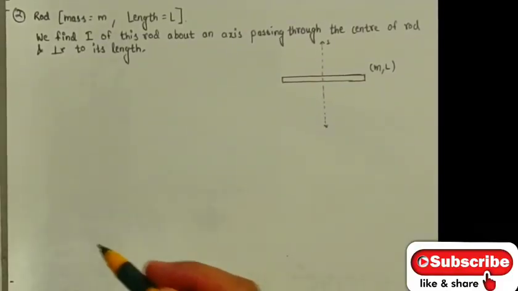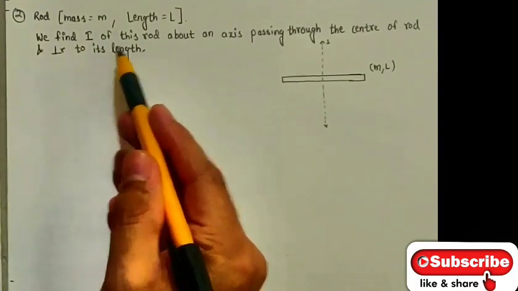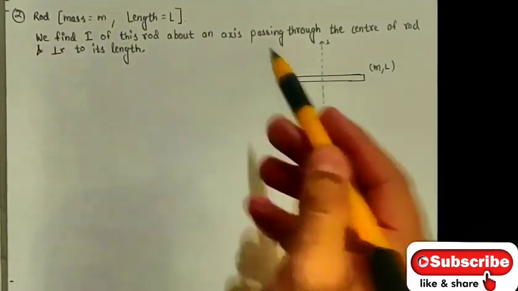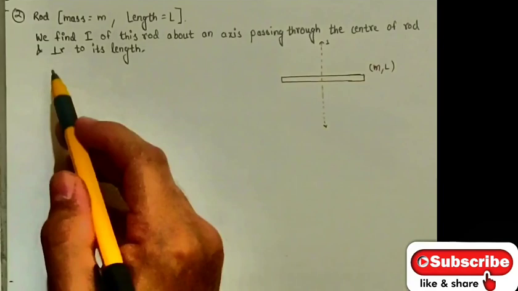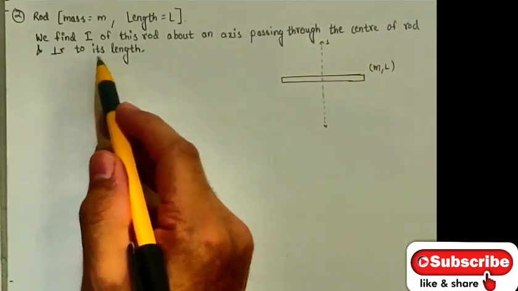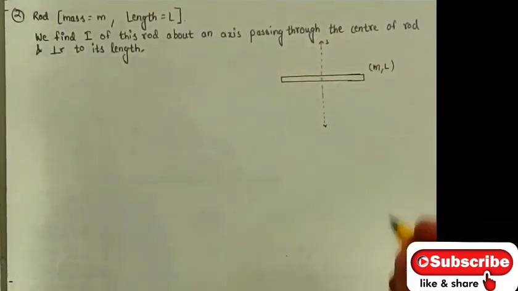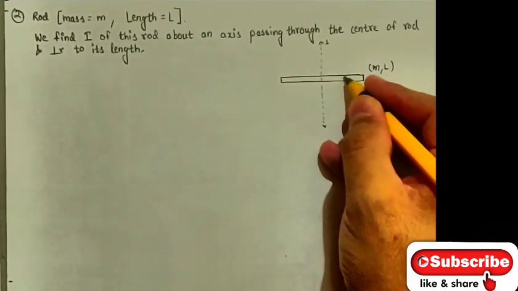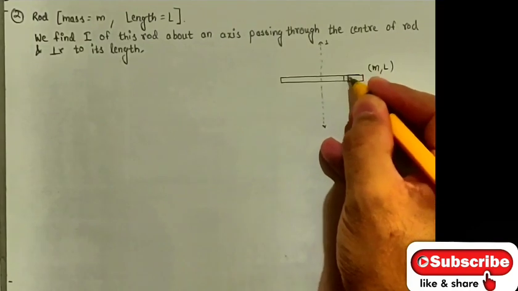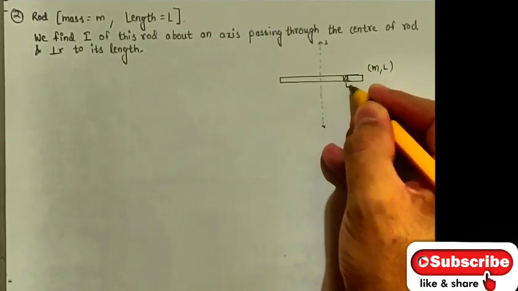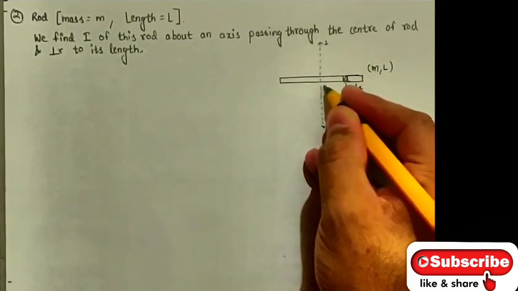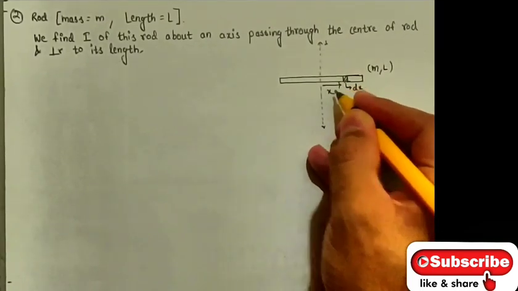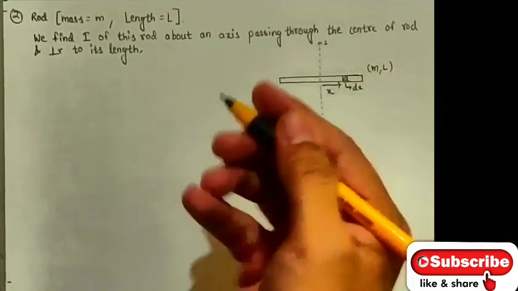Now in the second case we find the moment of inertia of this rod about an axis passing through the center of the rod and perpendicular to its length. So we have this rod having mass m, length L. We take an element of length dx at a distance x from the axis.